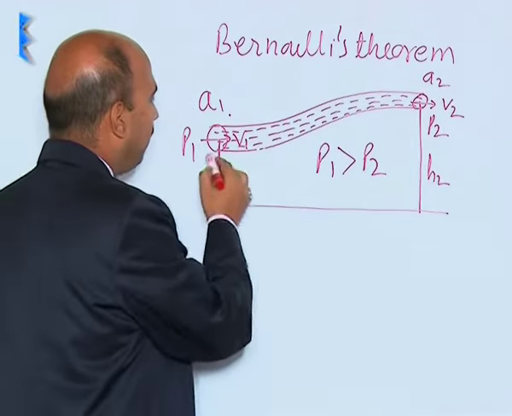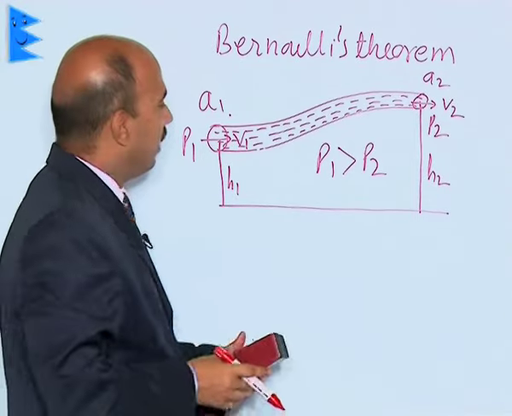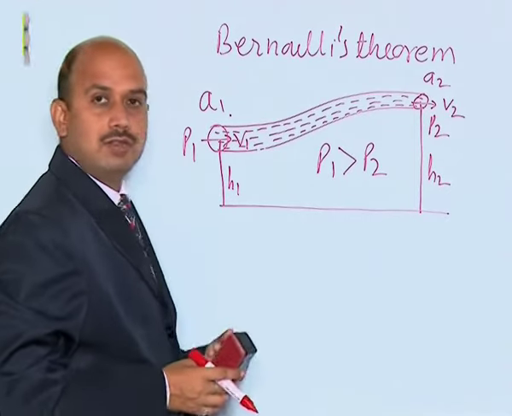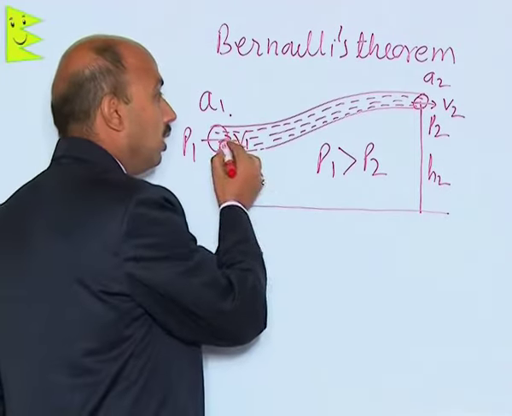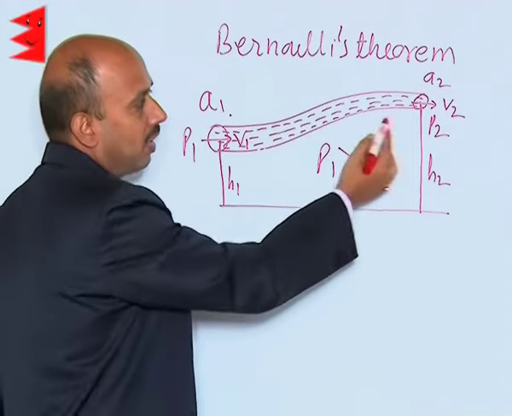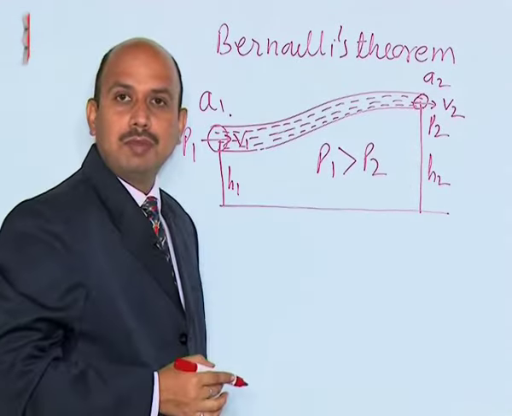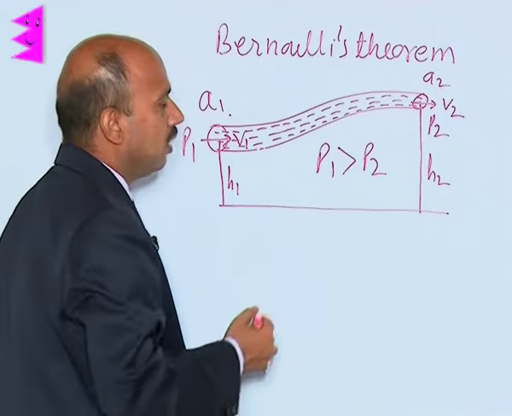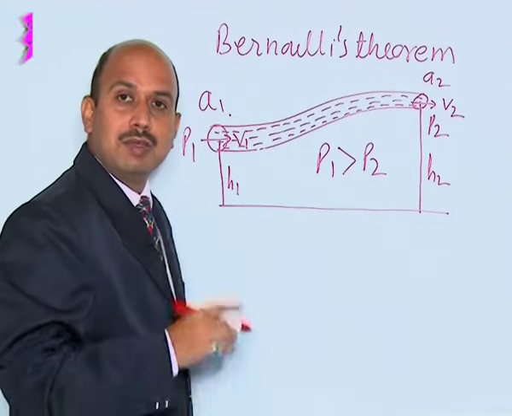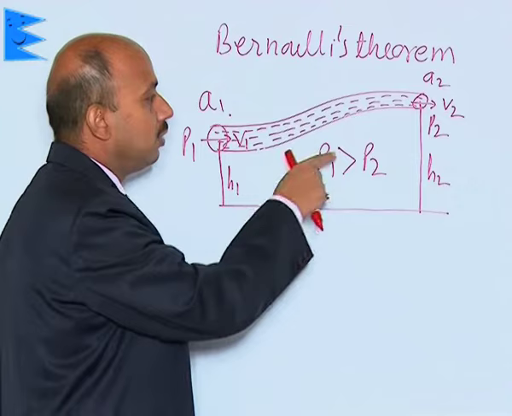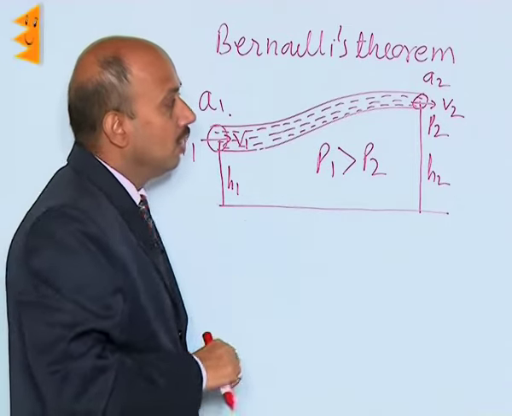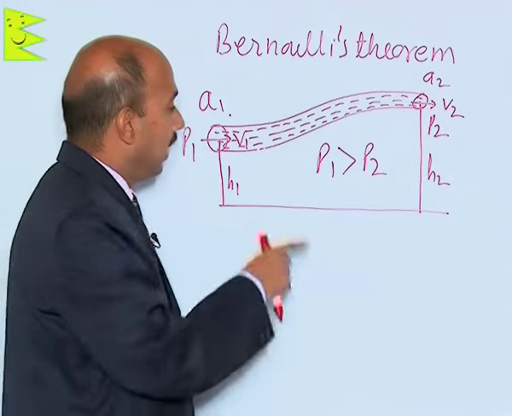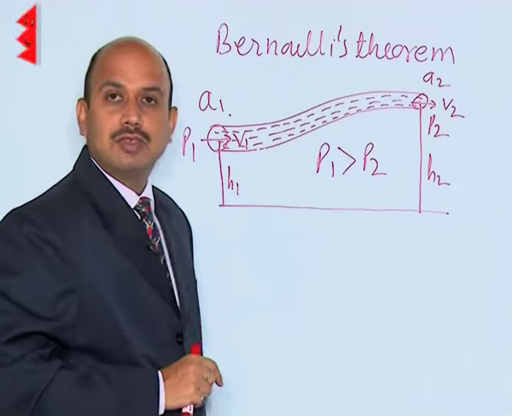So because of the greater pressure here, work is done on the liquid. So work done per second on the liquid is due to pressure. Liquid rises up and moves this side. When it leaves the tube, what happens here? The work is done by the liquid against the pressure. So according to the work energy principle, whatever is the work done due to the pressure or against the pressure, the change in pressure energy per second is equal to the gain in kinetic energy and potential energy.